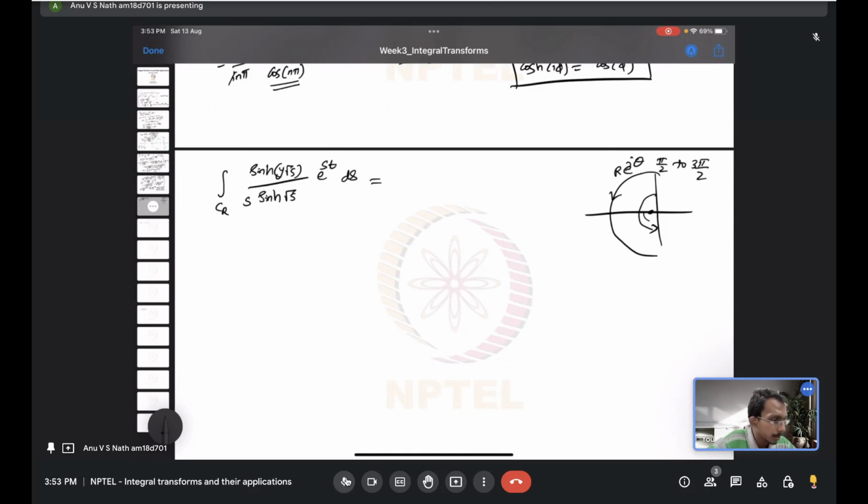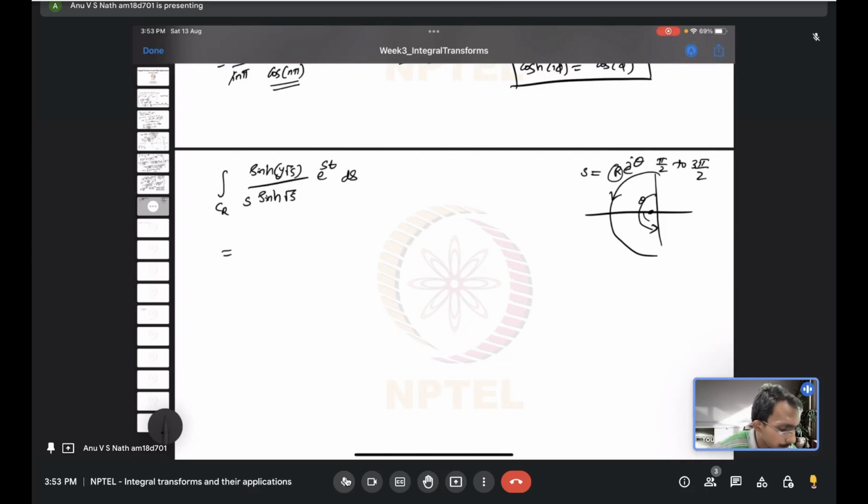The angle doesn't matter; I can say pi by 2 to minus pi by 2 also, but it's better to say pi by 2 to 3 pi by 2. Theta is moving, and r is fixed, but we will take the limit of r tending to infinity. This is about s, the variable which is varying.